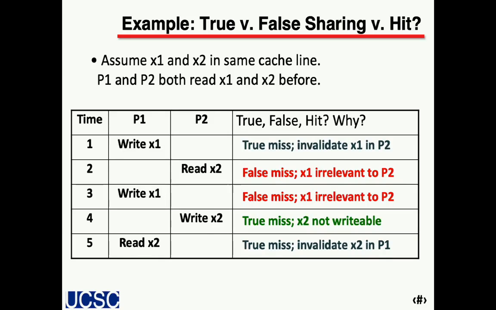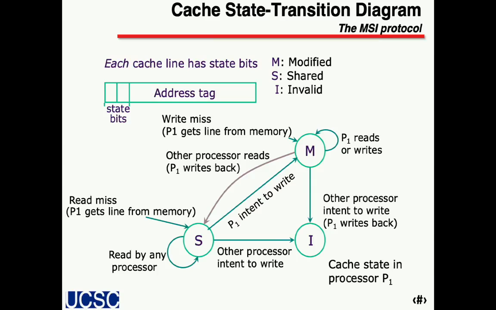And you're right. In this case, depending on how the coherence protocol is implemented, if you could go from M to S rather than M to I, then it technically would not be a miss. So technically it would already be present in the cache. That may be why that was confusing. Let me go back. But it still has to read the whole line. Sure, it's a miss, because it's got to read the data that P2 just wrote.